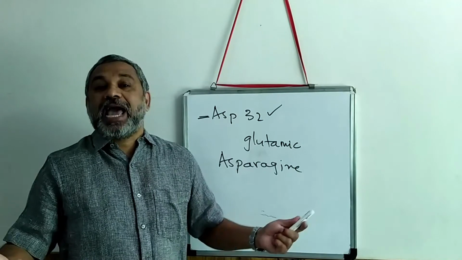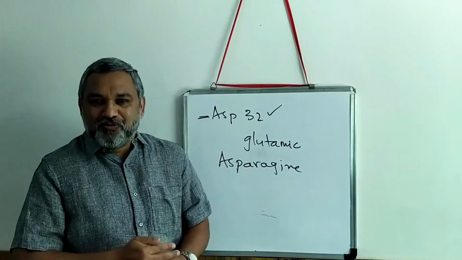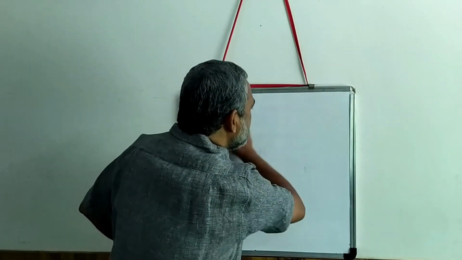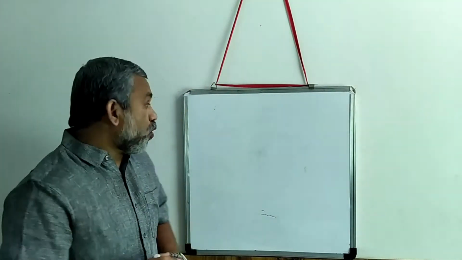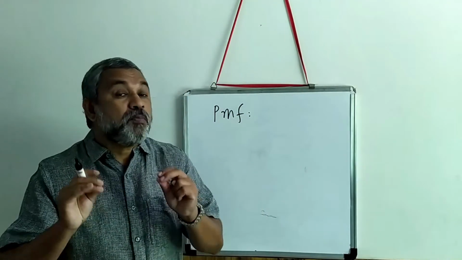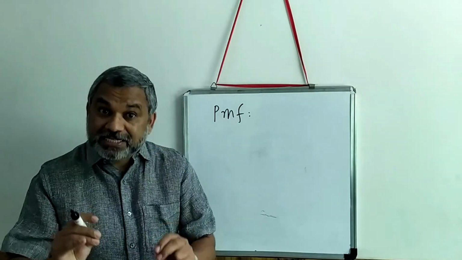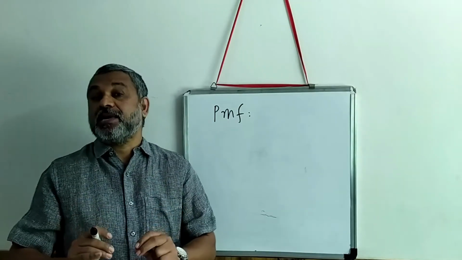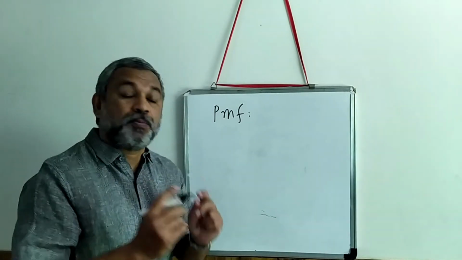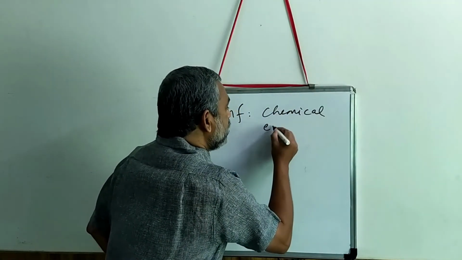You can easily calculate the energy produced by this movement with a simple equation, the proton motive force, PMF. The proton motive force is the totality of the electrical as well as the chemical potential combined together.